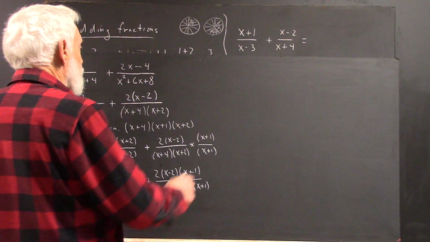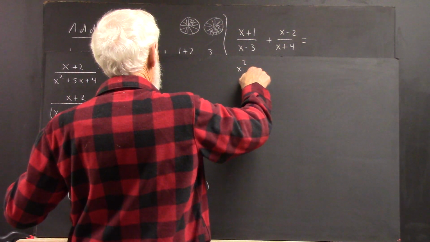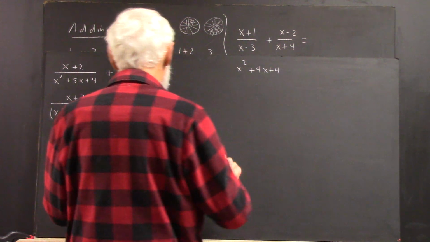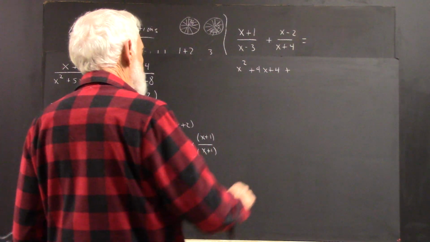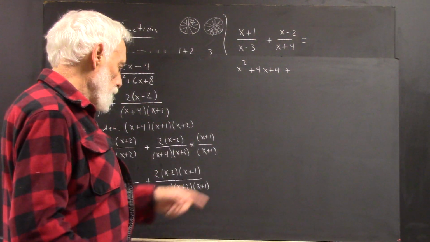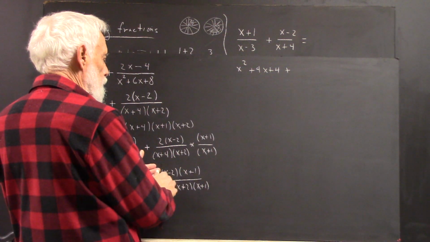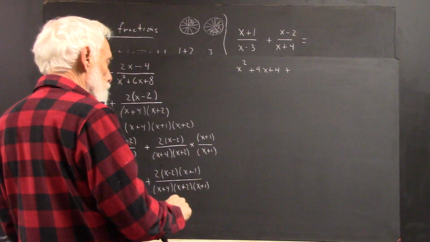In any case, what you're going to get here is then, in the numerator, you're going to get x squared plus 4x plus 4 plus, now multiplying all this out, and I'd use the distributive law on these two terms first, leaving the 2 out, and then multiply through by 2.